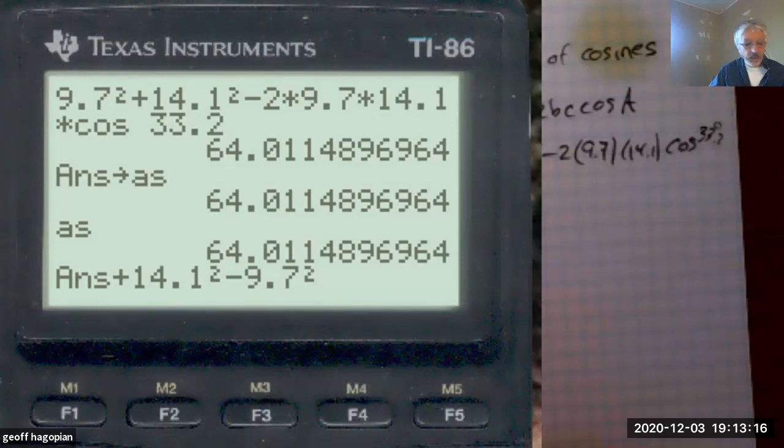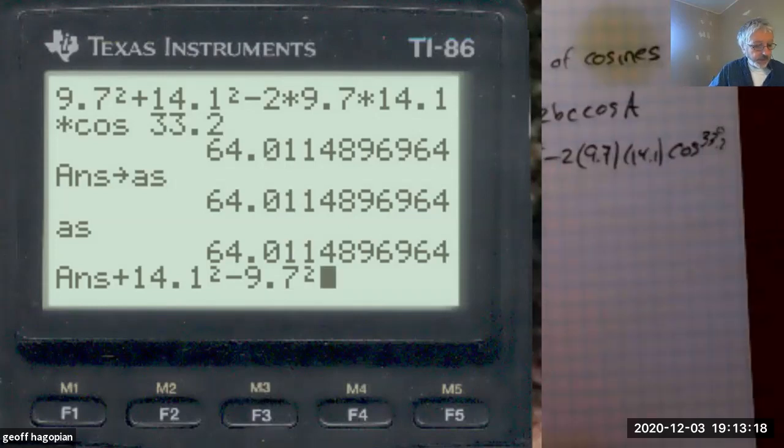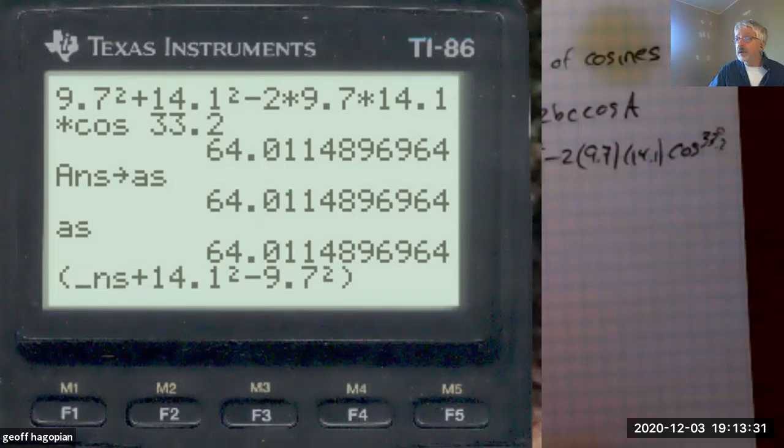I didn't put parentheses around that, so let's insert a parenthesis. We can go second delete, and that puts it in insert mode, and we can insert a parenthesis there, which we kind of need.